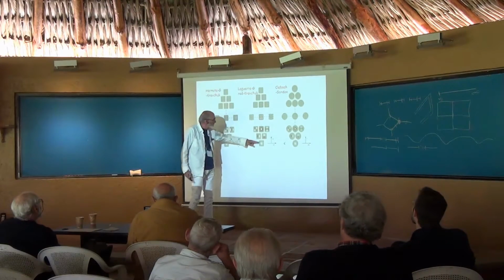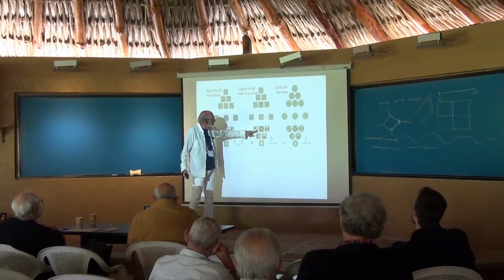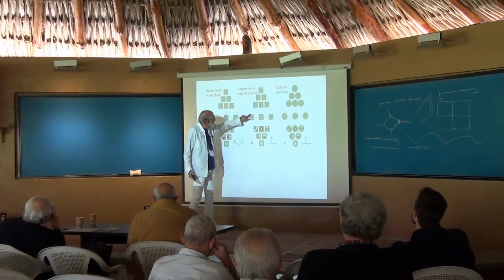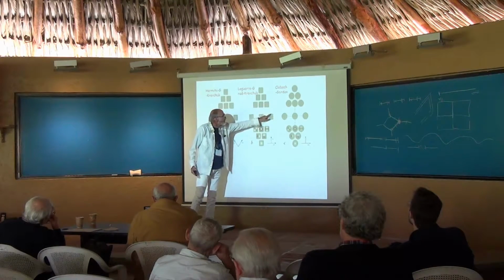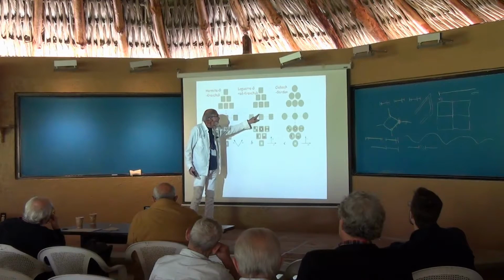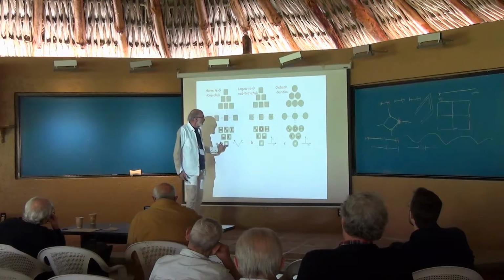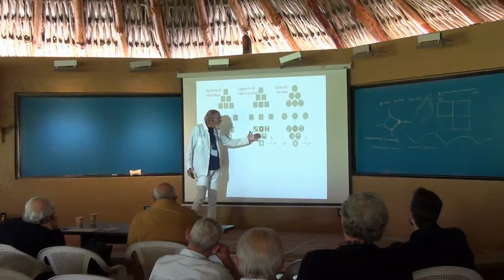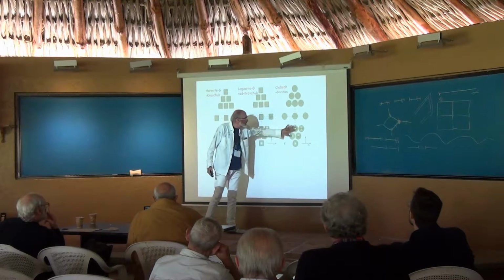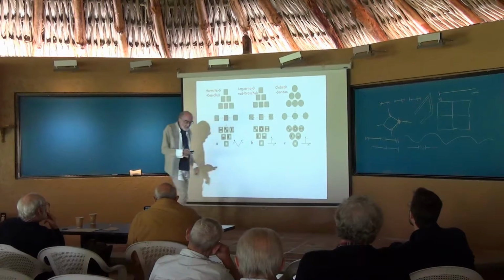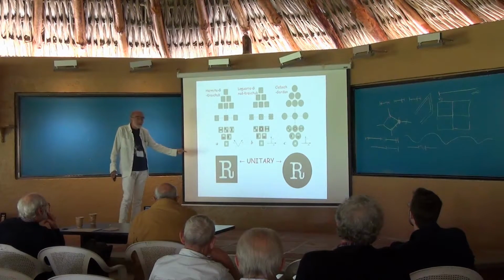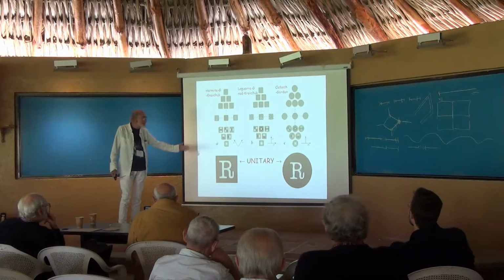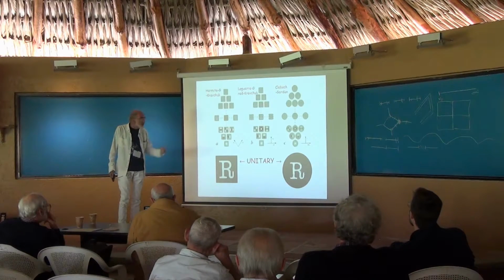So here you see that if you think of this as a particle, here it likes to go one way, here it likes to go the other way, and here it goes on the diagonals. Now, you can identify these states with these states. And what you get is a unitary transformation between square screens and round screens. Unitary, which means it's reversible.